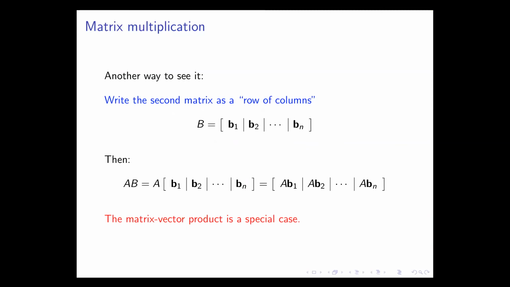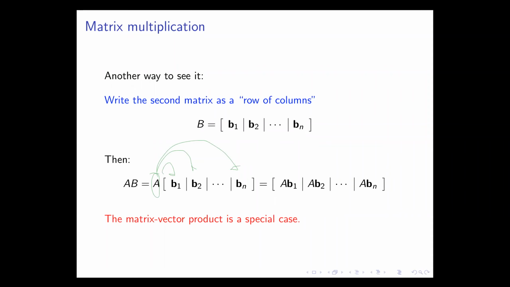So another way to see this is that we can think of matrix B as a row of columns, right? So remember, my matrix is a list of vectors. If matrix B is represented as a list of vectors, B1 through Bn, then the product of matrices A and B can be thought of as a list of all products of matrix A by each of the vectors in that list, right?